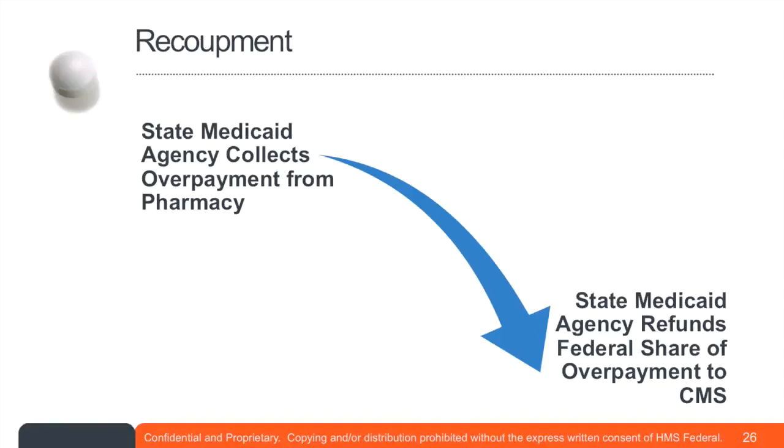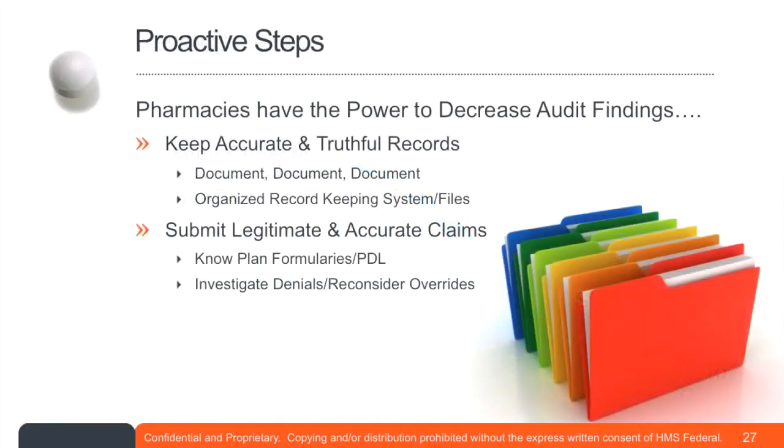Okay, so moving forward with proactive steps to help ensure a smooth audit and to decrease those audit findings. First of all, keep accurate and truthful records. Prior to pharmacy audit, I was a pharmacy educator, and one of the things I tried to drill into my students was that if you did it, document it.